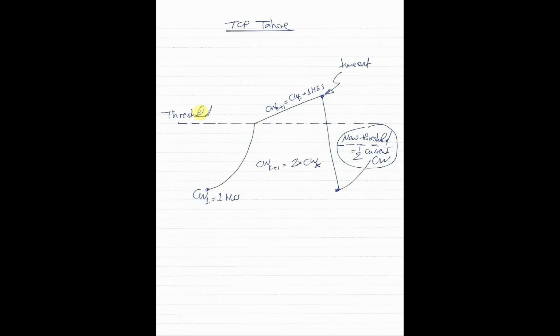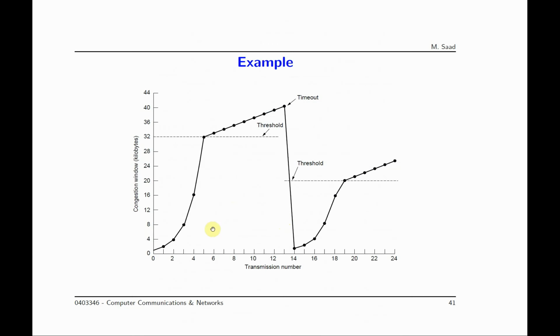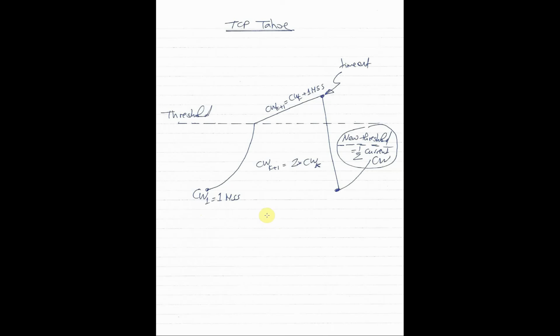Of course, let me just tell you now, this is just an overview. However, we will have a detailed numeric example that I will keep talking about after I finish the overview. Again, let's assume that the threshold is 64 kilobytes. The first congestion window is 1 kilobyte because we assume that 1 maximum segment is 1 kilobyte.